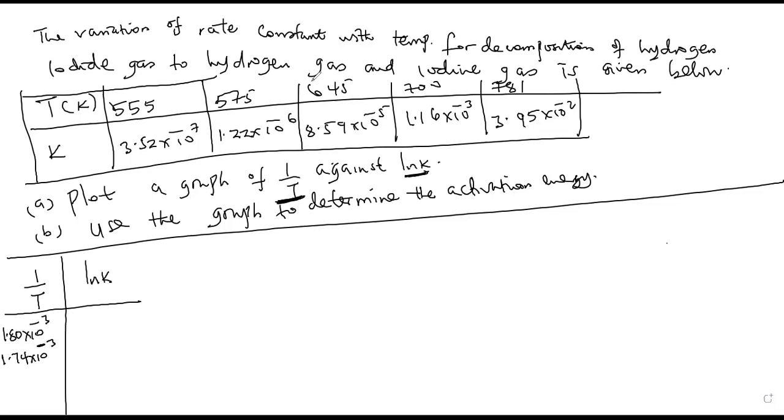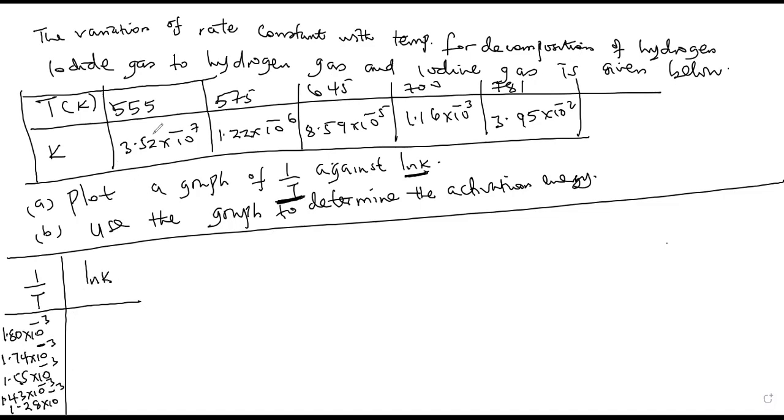The next gives 1.55 times 10 to the power negative 3. When you put 1/700, it is going to give you 1.43 times 10 to the power negative 3. Finally, when you put 1/781, it's going to give you 1.28 times 10 to the power negative 3.